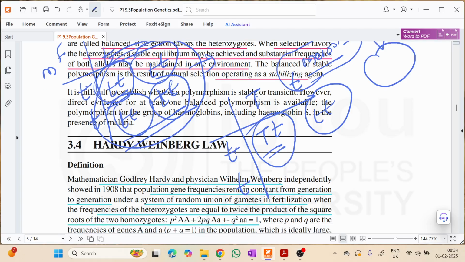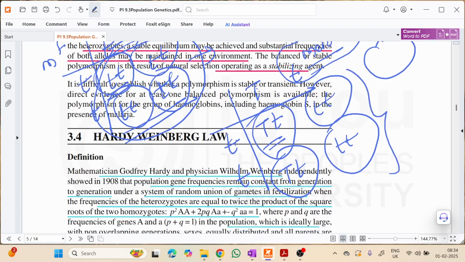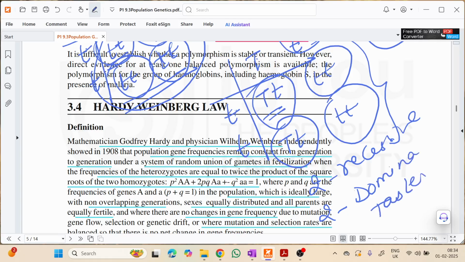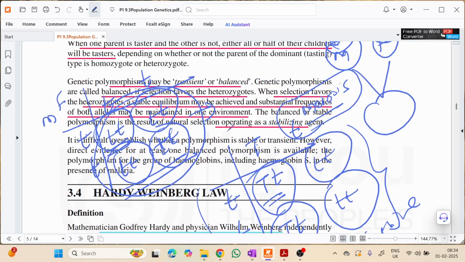Then third child will be heterozygous dominant and fourth child will be homozygous recessive. So in that case उनके 4 ऑफस्प्रिंग में से 2 तो होंगे रिसेसिव मींस नो टेस्टर्स एंड 2 होंगे डोमिनेंट, और वो होंगे टेस्टर्स. ये है नेचर का सॉल्यूशन to deal with the issue of survival.